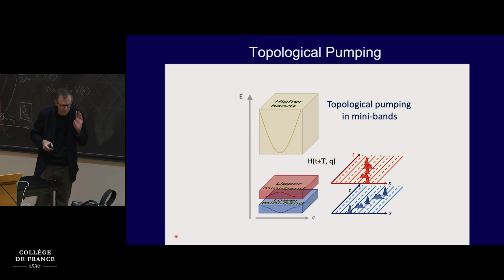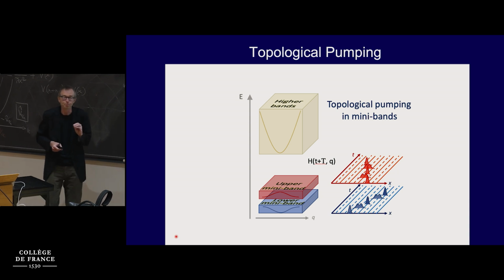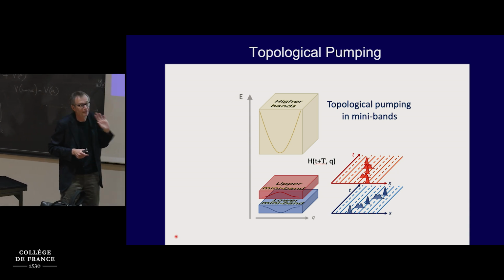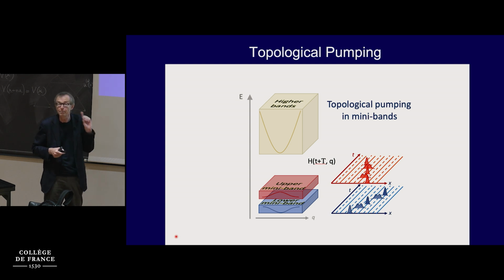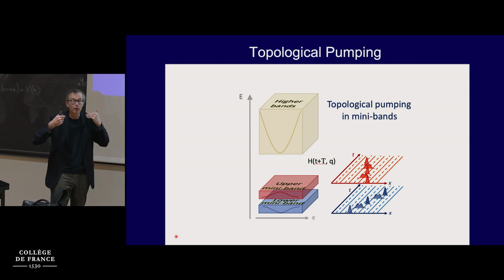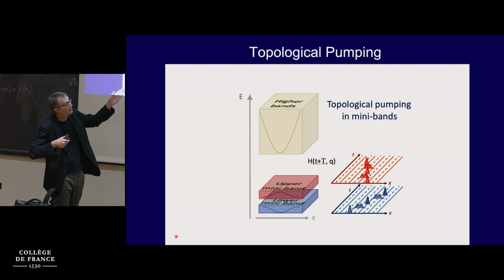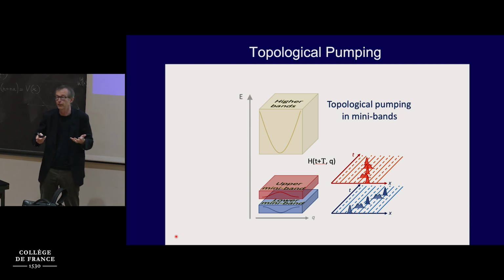And from an experimental point of view, the super nice thing about this system is that there is an energy separation between higher bands and all these low bands. And that means that you can run this system with interactions without heating.